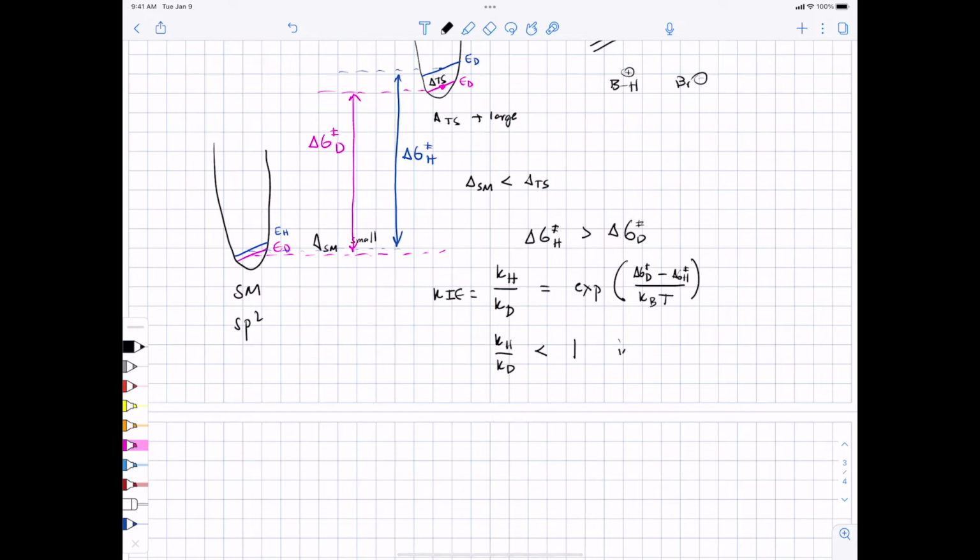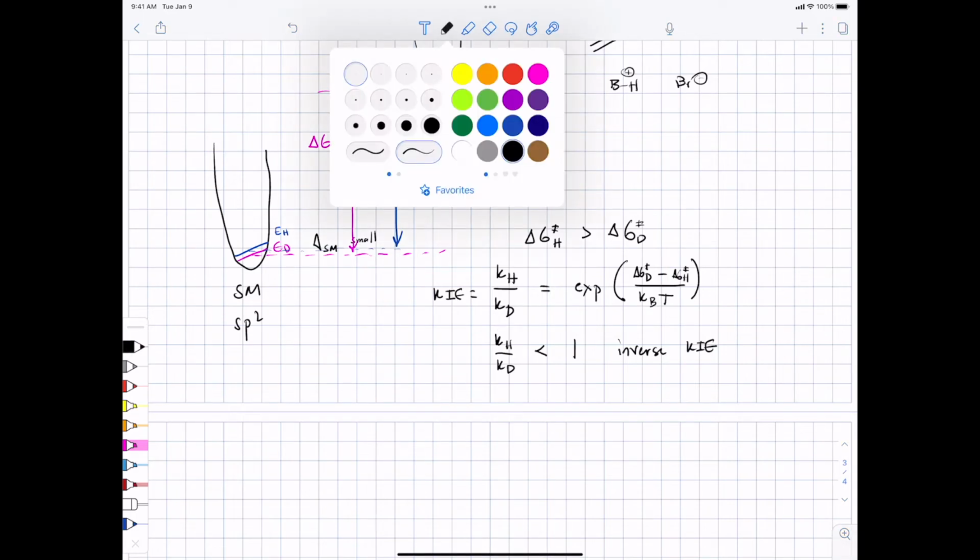And that's what we call an inverse kinetic isotope effect. The reaction's slower for hydrogen than for deuterium, and that's because there's not as much of an energy gap in the starting material between hydrogen and deuterium, and then because it's sp2, and then you go to a more encumbered, more stiff force constant in the transition state, the gap gets bigger, and therefore it gets much slower for hydrogen.